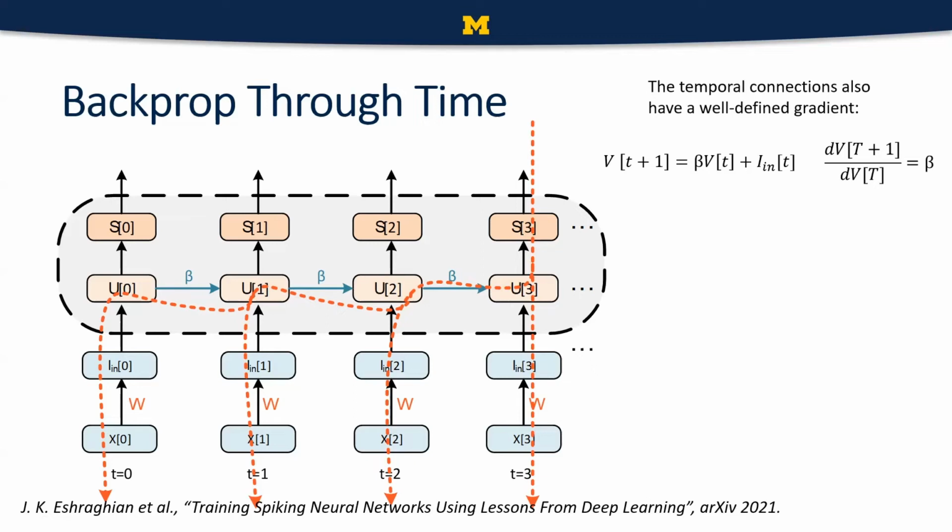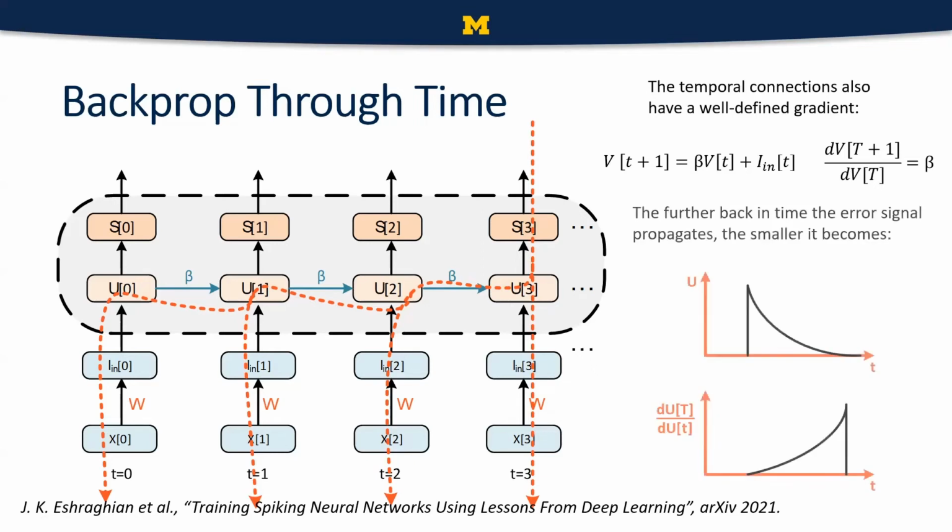Remember, beta is a leakage term, which means that beta has to be between 0 and 1 if we want to model a spiking neuron model. Otherwise, your membrane would explode exponentially. What that means is that the further back in time the error signal propagates, the smaller it becomes.